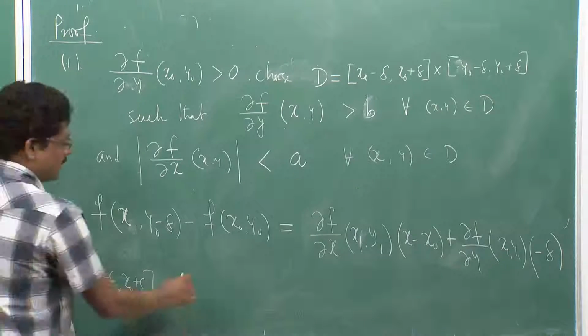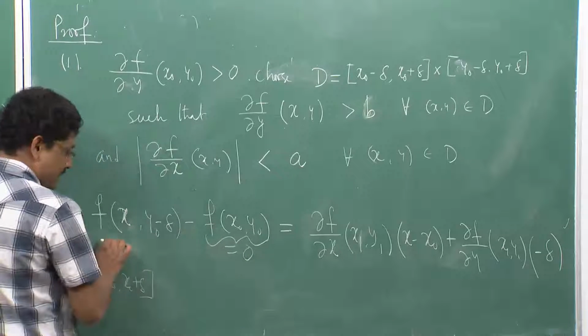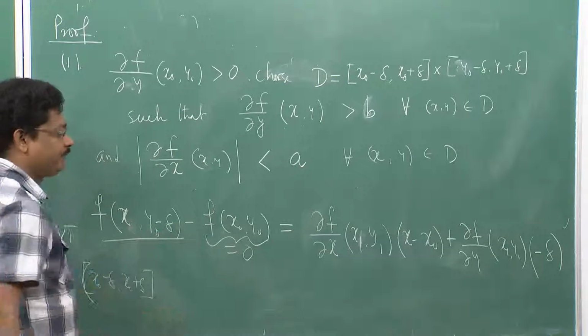Now, what is f(x0, y0)? This is 0. So, the left hand side is just this fellow f(x0, y0 − δ).